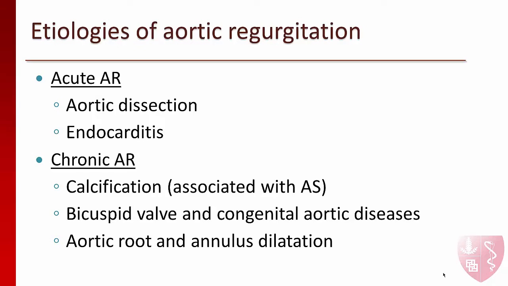You can also have bicuspid aortic valve and congenital aortic diseases, which can cause chronic aortic regurgitation. And finally, aortic root and annulus dilation will cause regurgitation because the cusps cannot coapt together to ensure a good closing of the valve.